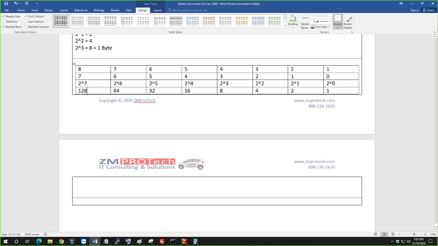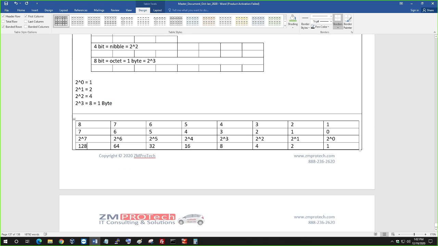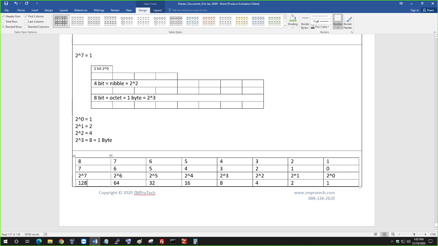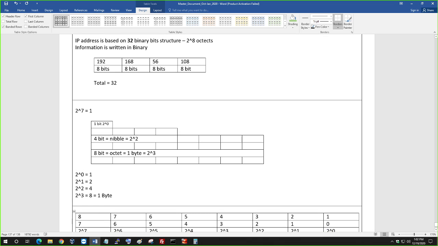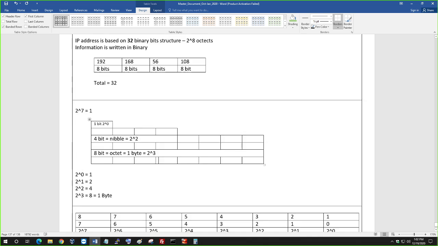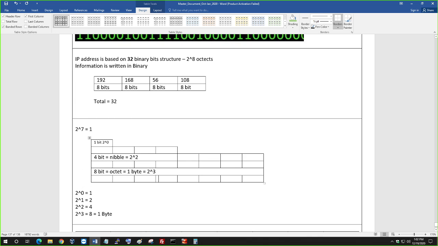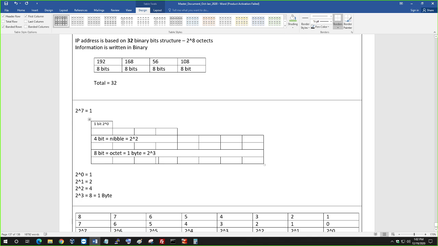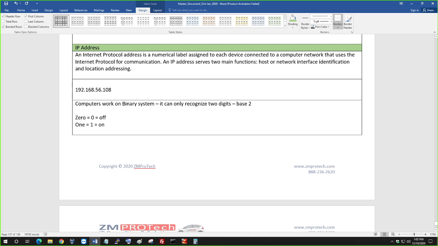So now we have 8. Each of them is 8 bits here, so we have to find the position, 0 or 1, in each bit. Let's calculate our 192. This IP address we're going to calculate in binary.